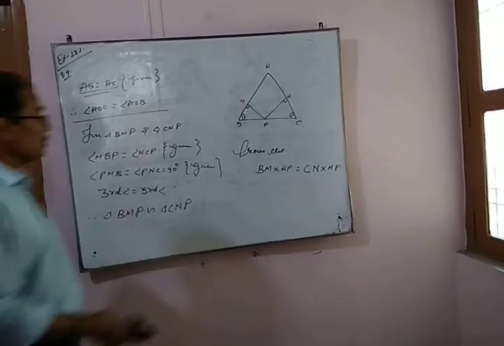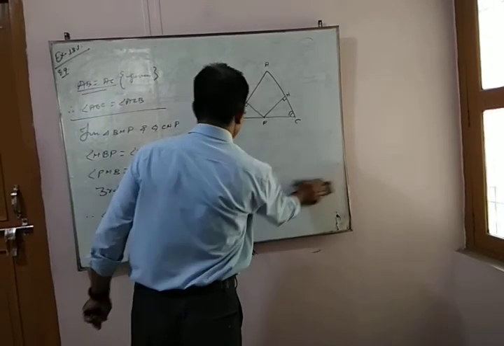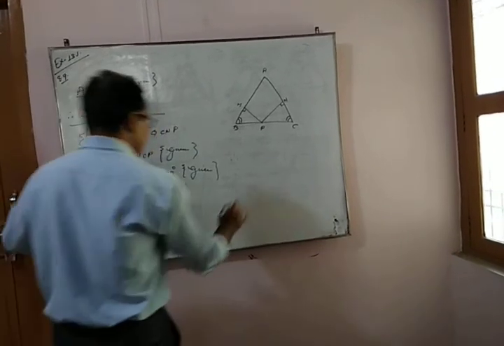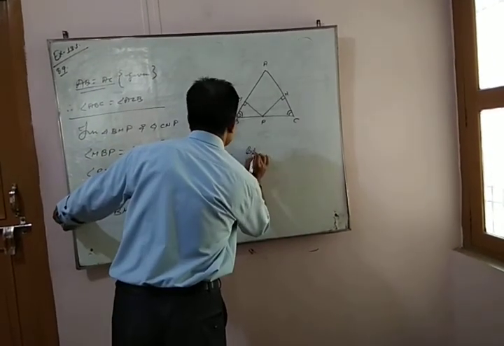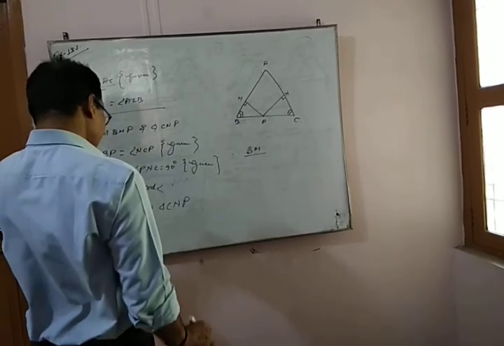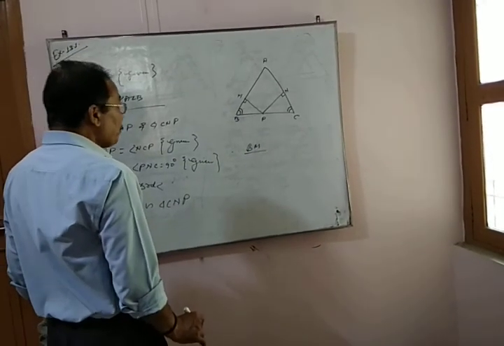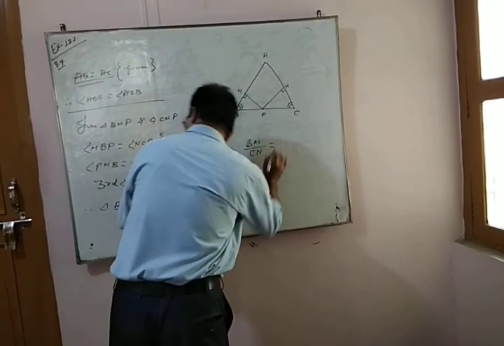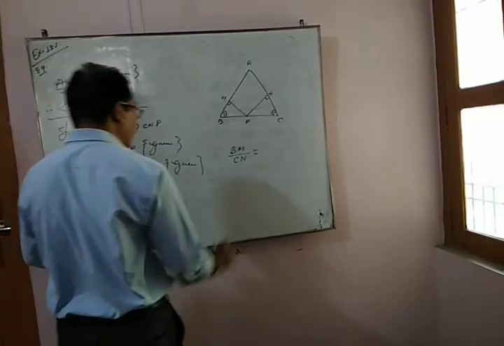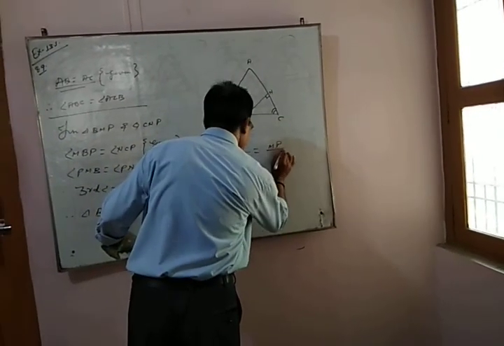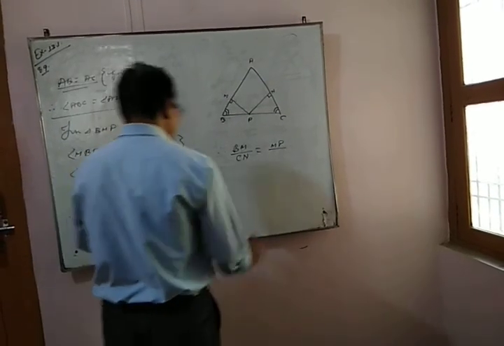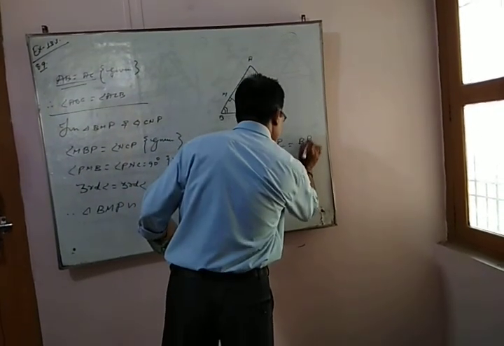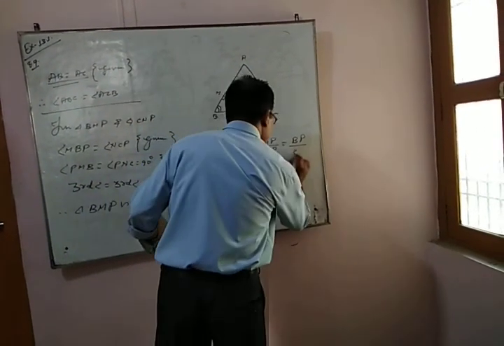Now you write down the equal corresponding sides. Therefore BM by CN equal to MP by NP equal to BP by CP.